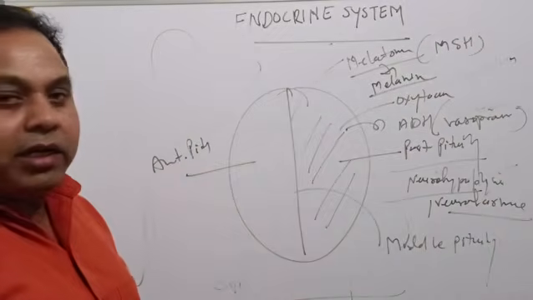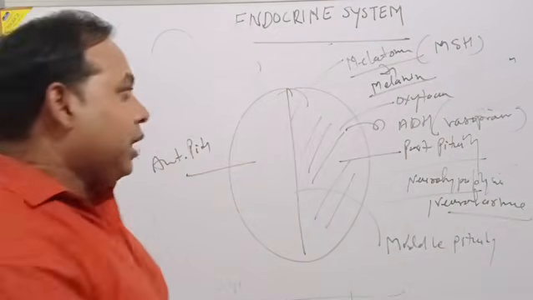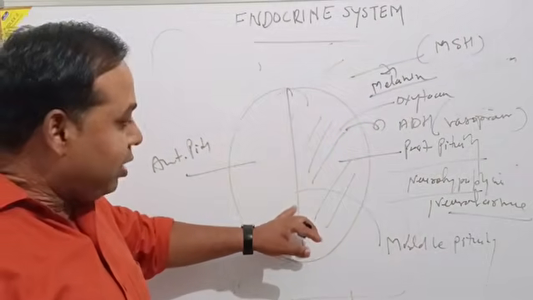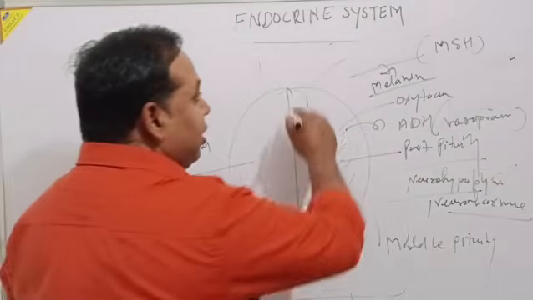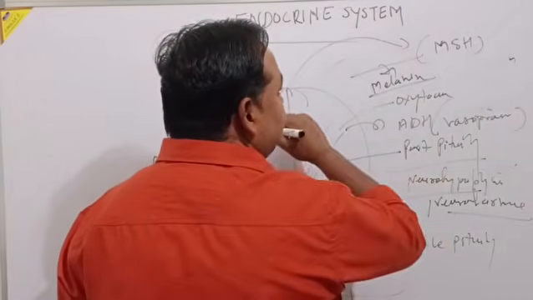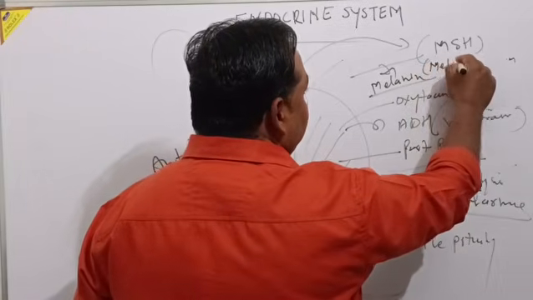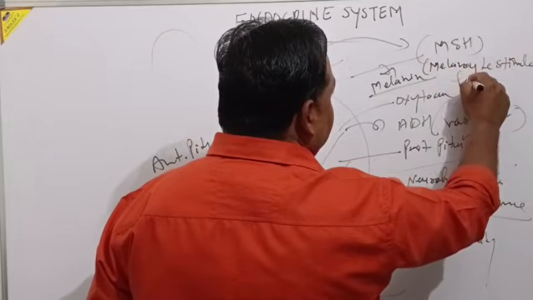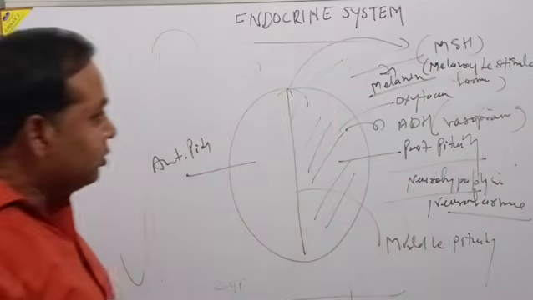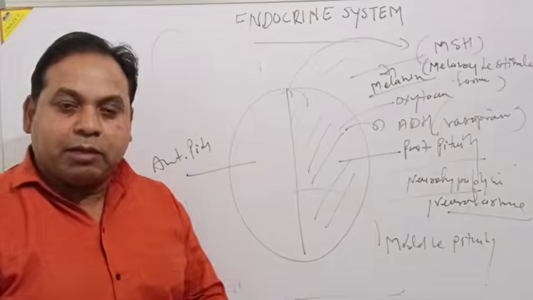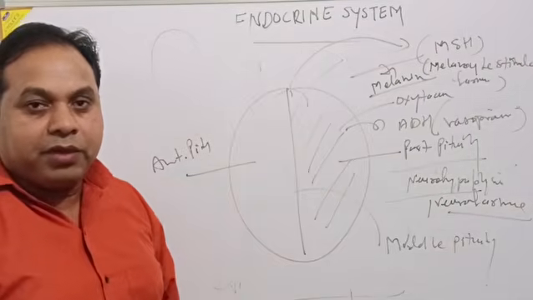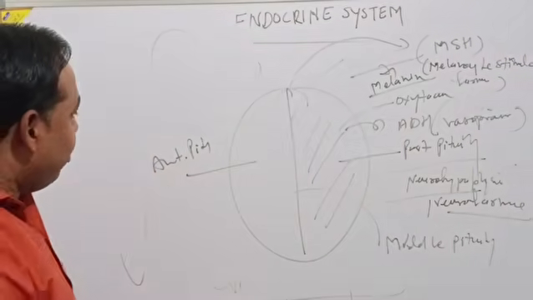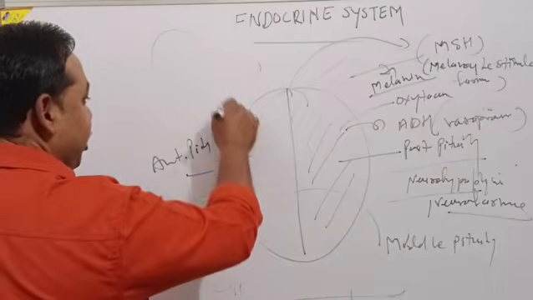It is responsible for the formation of melanin inside your skin, and the color of your body basically depends upon the melanin. Now I will come to the anterior pituitary.